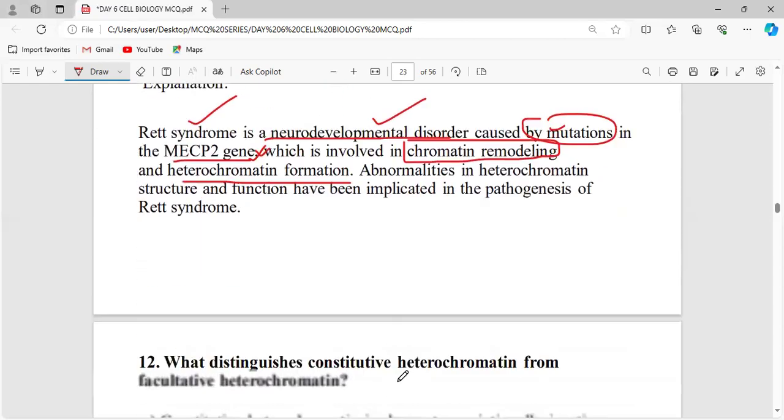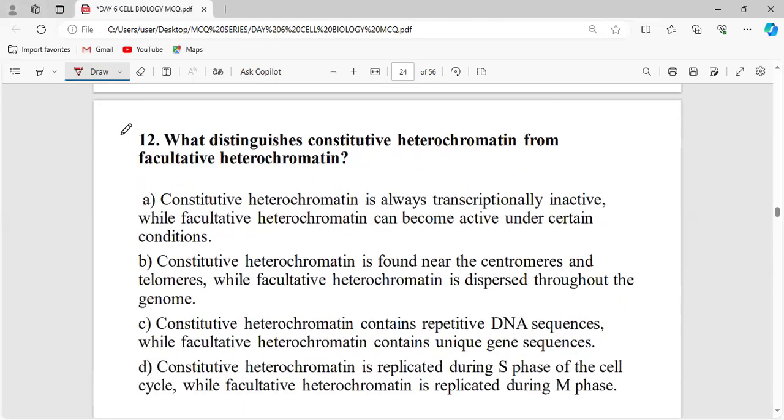Now, what distinguishes constitutive heterochromatin from facultative heterochromatin? First option, constitutive heterochromatin is always transcriptionally inactive, while facultative heterochromatin can become active under certain conditions.